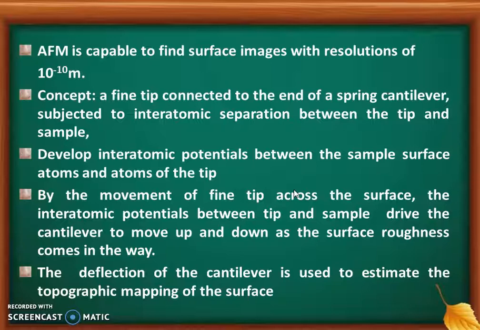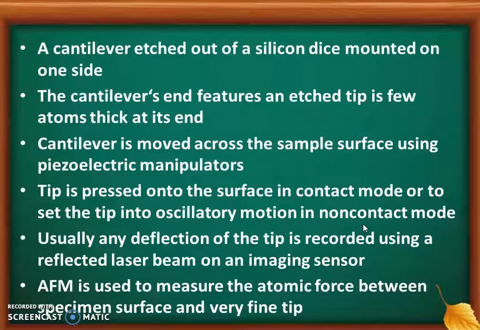So, by the fine movement of the tip across the sample surface, the interatomic potential between tip and sample drives the cantilever to move up and down, and the sample roughness comes in this way, and that is translated up to the photodiode. The deflection of the cantilever is used to estimate the topographic mapping of the surface.